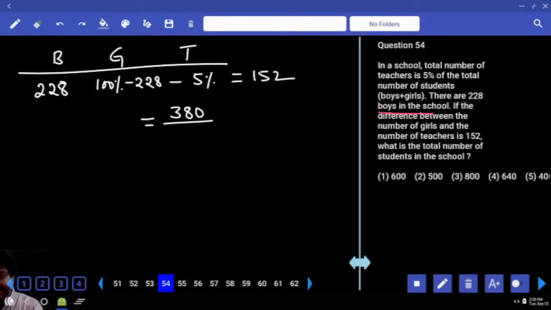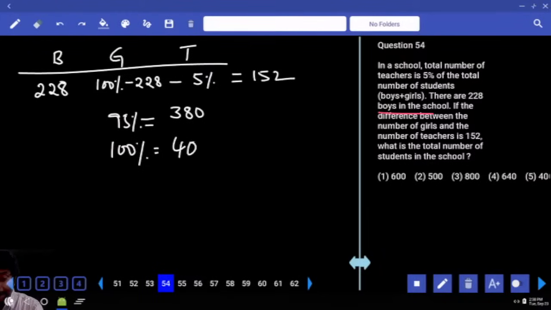So 380 is 95%. Now the question is to identify the number of students in the school, which is 100% only. If 95% is 380, 100% will be a little bit more than 380, and the 100% value should always be a round figure.